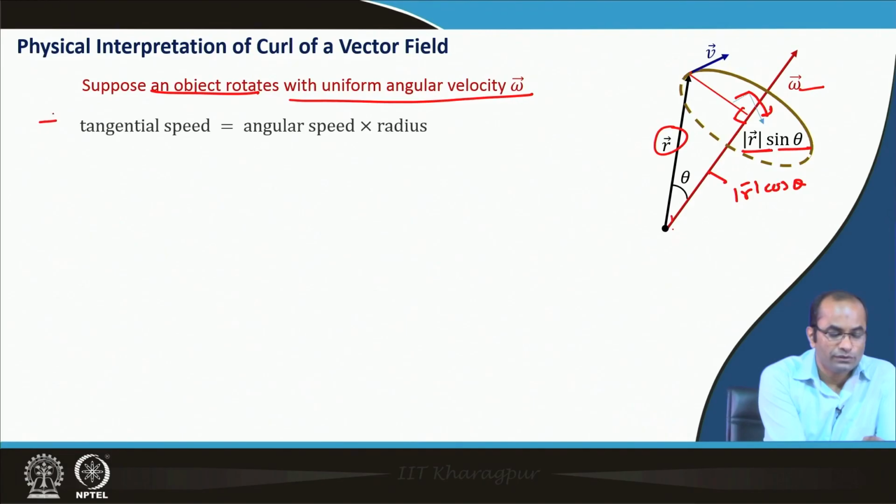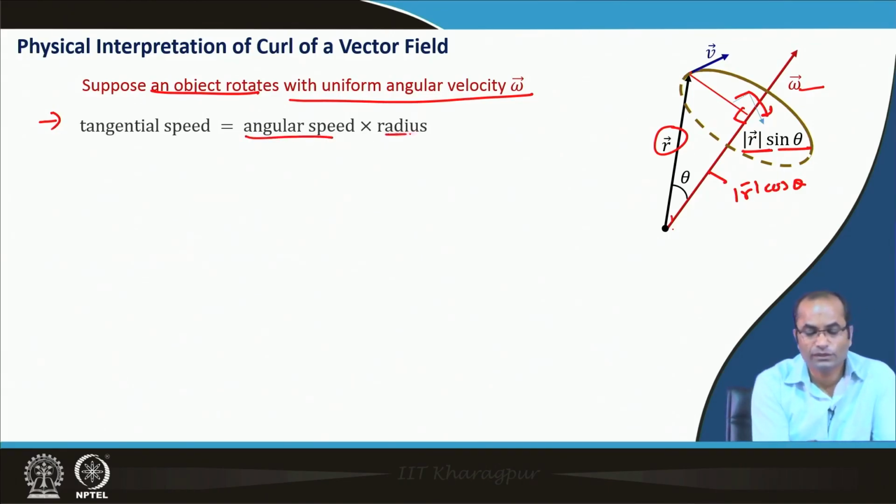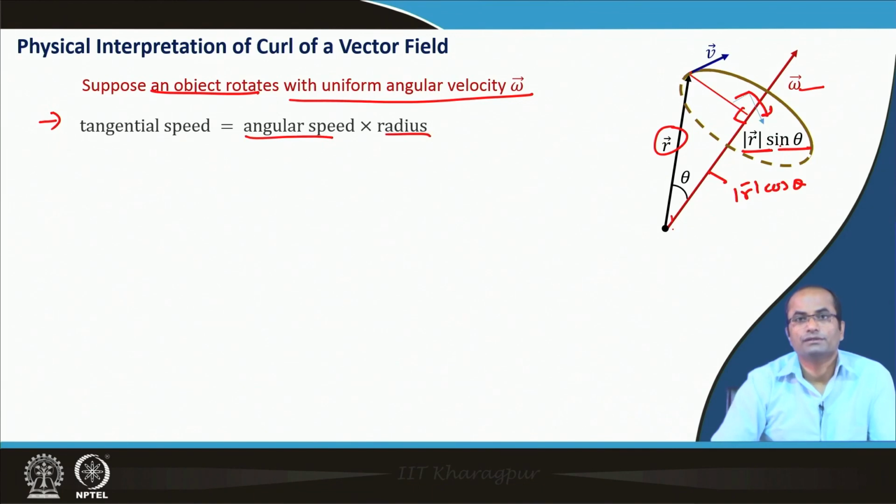And we know the relation that the tangential velocity, rather to say speed, v is the angular speed into this radius, which we have just seen, that is the magnitude r sin theta.